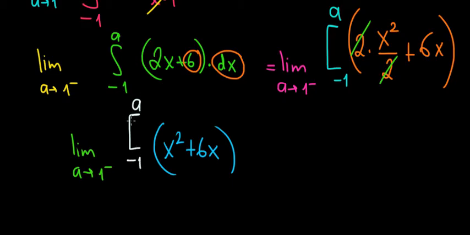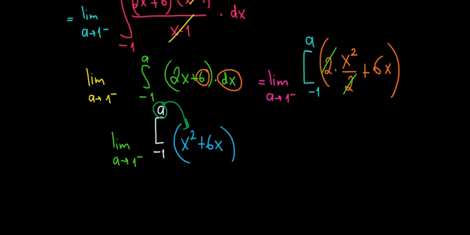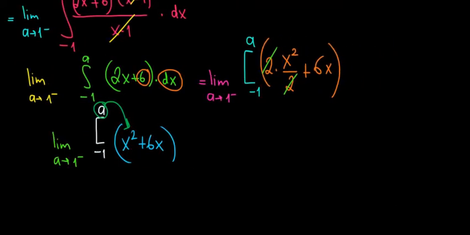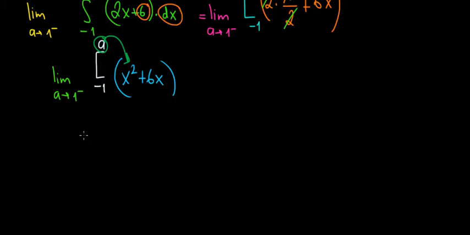Now we can substitute the values. So let's do it one by one. We're going to substitute a into the expression first. So if a goes over here, what do we have? Let me just zoom out to get some more space. So we have a to the power of 2 plus 6 times a. We close that bracket, minus, and we're going to substitute -1 into there as well.